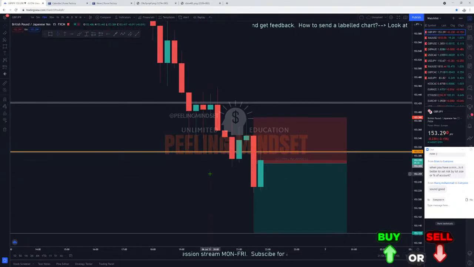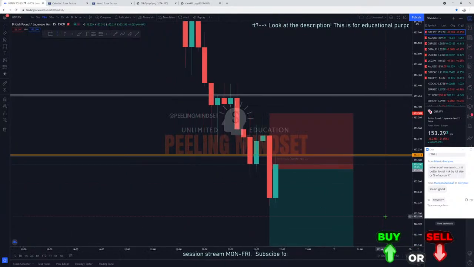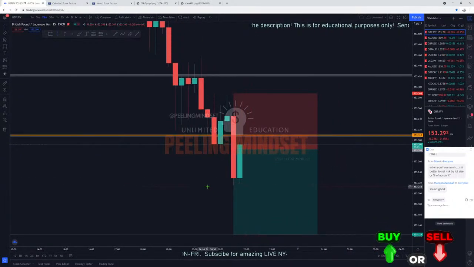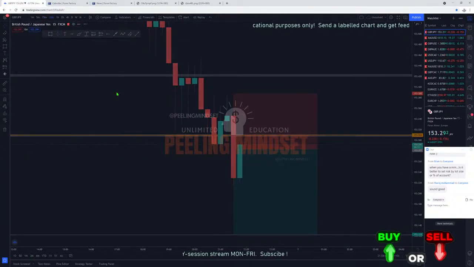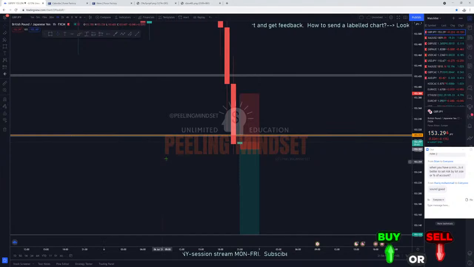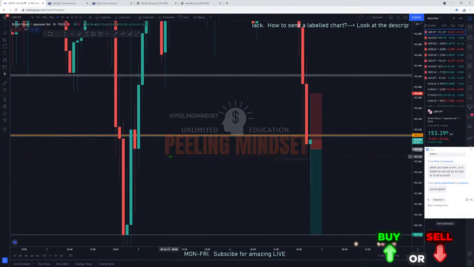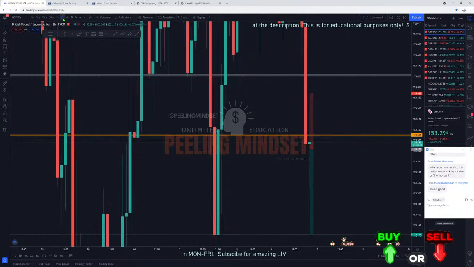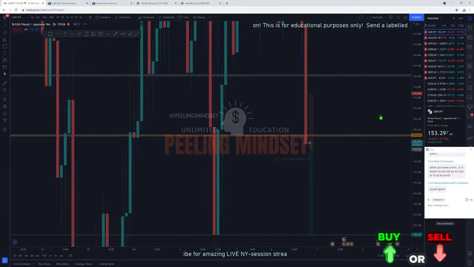It kind of has to reject and move down. So let's see. 5 more minutes left. Hourly candle still there. Let's see.